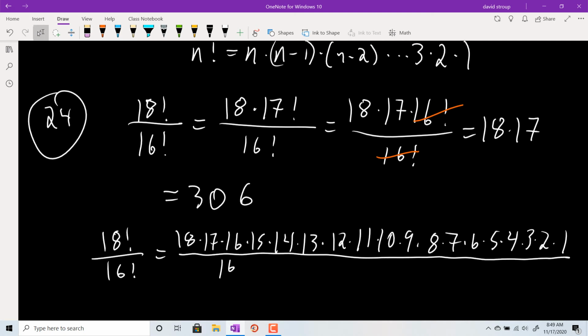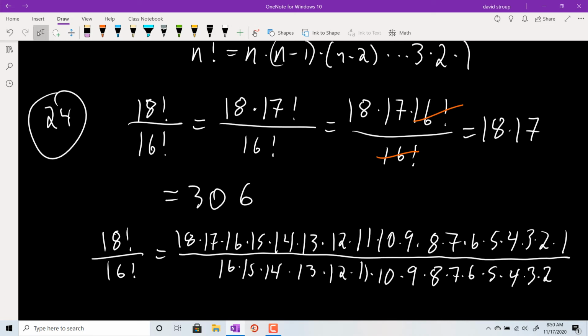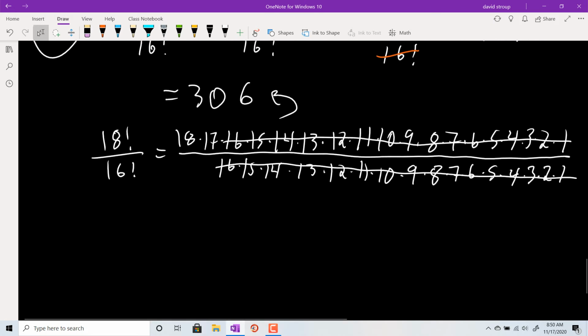You can always do this. Oh boy. Myself in over my head here. All right. 4, 3, 1, and then 16, 15, all that junk will cancel out, and you end up with the same answer, of course. All right.